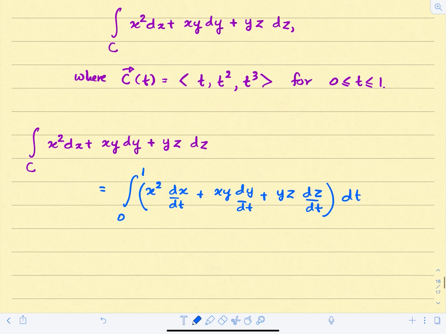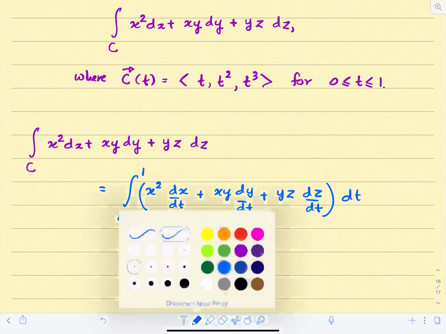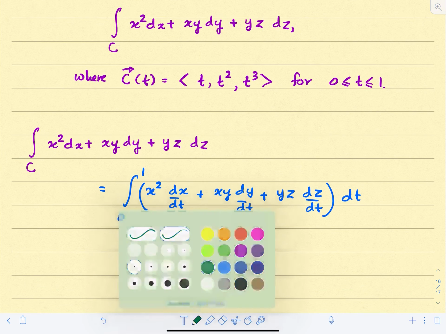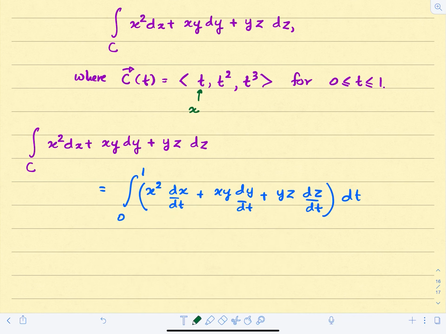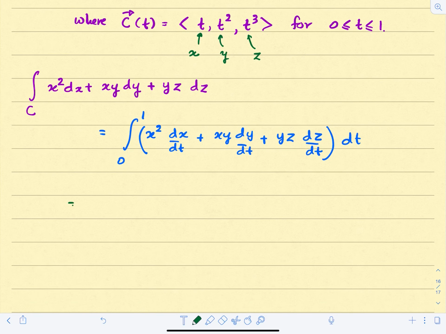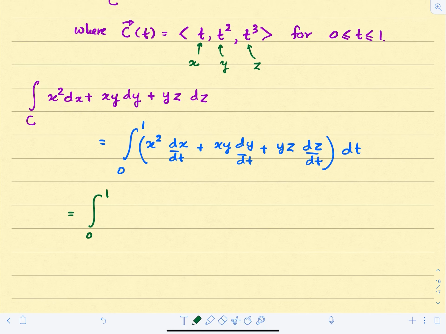Okay, now what are x, y and z? Well, according to the curve, your x coordinate is t, y coordinate is t squared, and z coordinate is t cubed. So now this integral becomes: x coordinate is t, therefore x squared should be t squared. What is dx over dt? dx over dt, which is the derivative of x with respect to t, is 1.